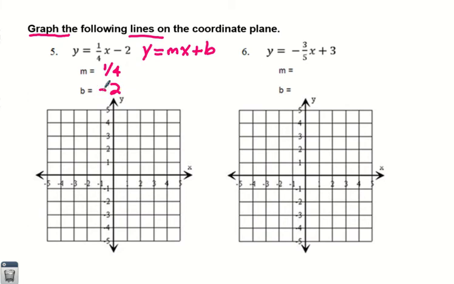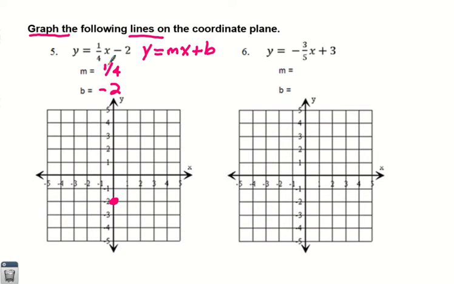I begin with b being my y-intercept, and so if my y-intercept is negative 2, that means my line is going to cross the y-axis here at negative 2. And then I move with m.